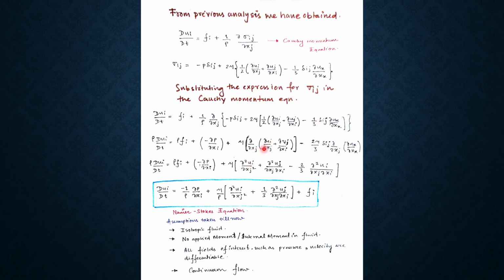Now I expand these two terms, ∂u_i/∂x_j and ∂/∂x_j. So ∂²u_i/∂x_j², and ∂/∂x_j of this term ends up with ∂²u_j/∂x_j∂x_i minus 2/3 of ∂²u_i/∂x_j∂x_i.